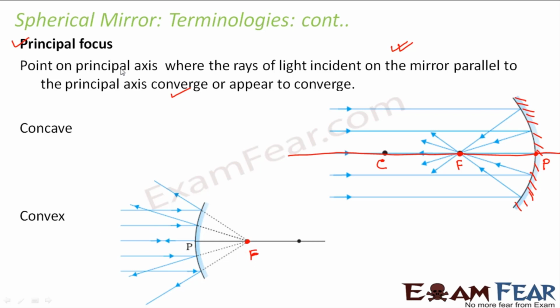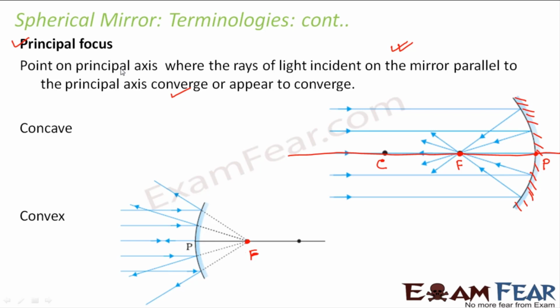So that is why when we write a general definition for principal focus, we say that it is a point on the principal axis where the rays of light incident on the mirror parallel to the principal axis, after reflection, either converge, as in case of concave mirrors, or appear to converge, as in case of convex mirror.